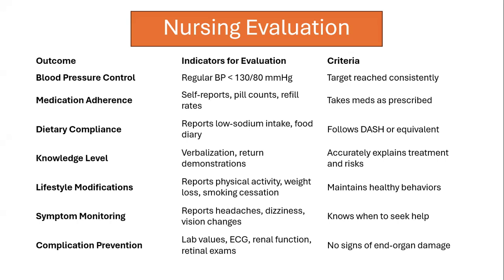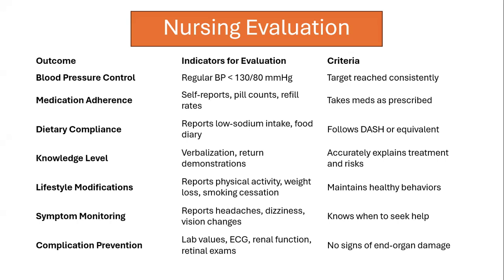For the knowledge level, the patient can verbalize and also return demonstrate about the health education that we gave before, with the criteria that they can accurately explain the treatment and risk.